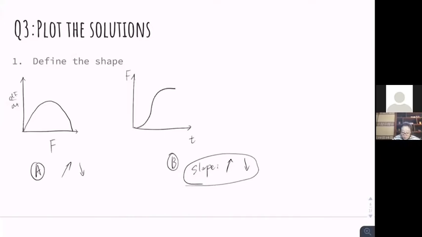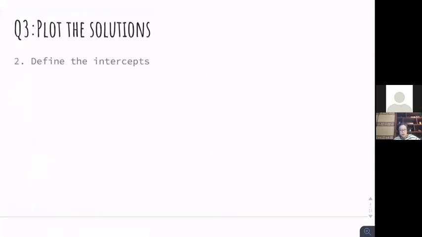We see the slope of it is getting bigger and bigger, but when it reaches this point, it will get smaller and smaller, then to 0. The slope right here is 0. Firstly, we define the shape, and we use this shape for the next question. We would have to define the intercepts. The intercepts are what we just saw in the previous question.